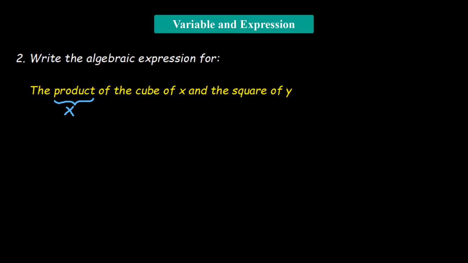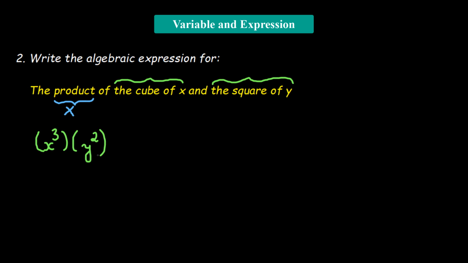So the first number given here is the cube of x. The cube of x simply means that we take the number x and we cube it. So this will be the first number, and then we go to the second number, and the second number is the square of y. So the square of y is y squared, or y raised to the power of 2. And then finally we have to find the product of these two numbers.